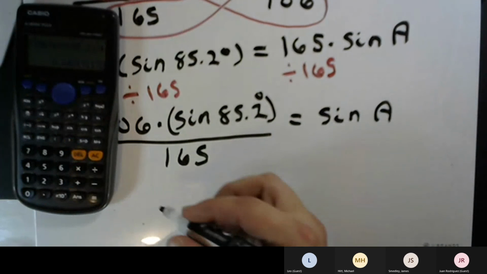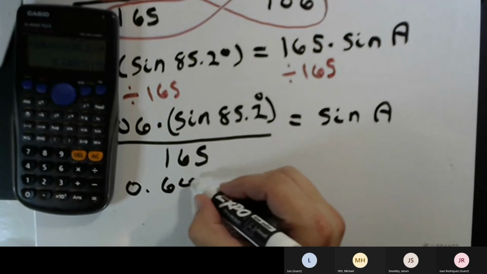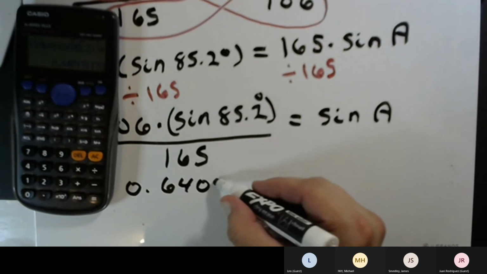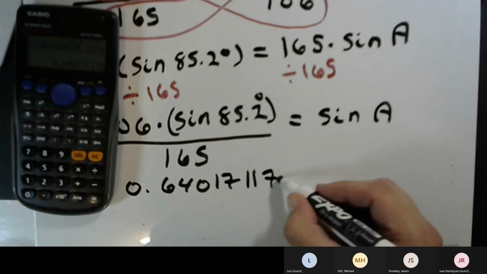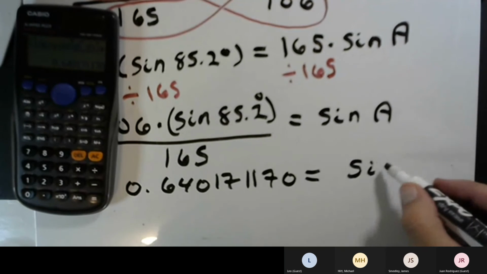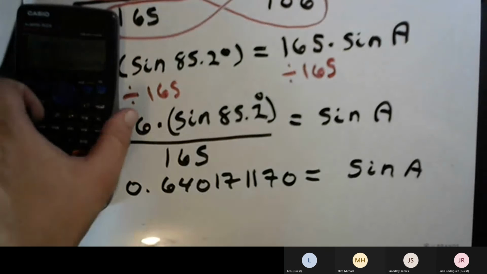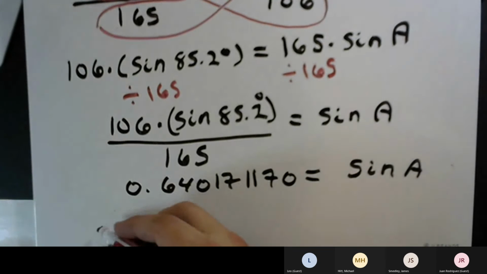We're going to round when we get the angle at the end. So to cancel the sine, we use the sine inverse.